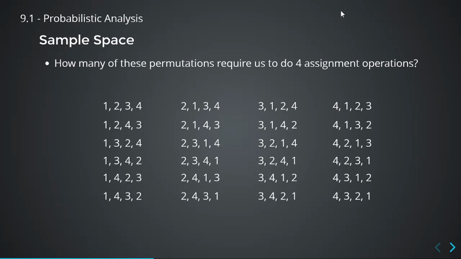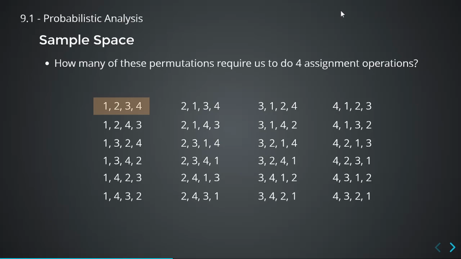And the answer is just 1. 1, 2, 3, 4. Everything else requires less than 4. I mean, you can check it out. But only ascending order will require 4 assignments, right? That's the worst case. And there's only 1 ascending order in all the permutations.